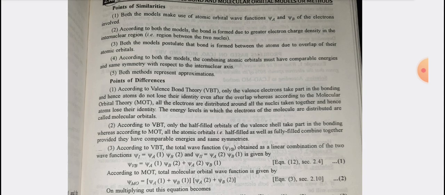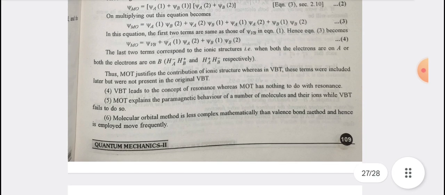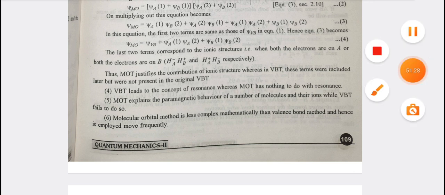On multiplying, this equation becomes psi A1 psi B2 plus psi A2 psi B1 plus psi A1 psi A2 plus psi B1 psi B2. In this equation, the first two terms are the same as those of psi VB in equation 1, hence equation 2 becomes psi MO equals psi VB plus psi A1 psi A2 plus psi B1 psi B2.